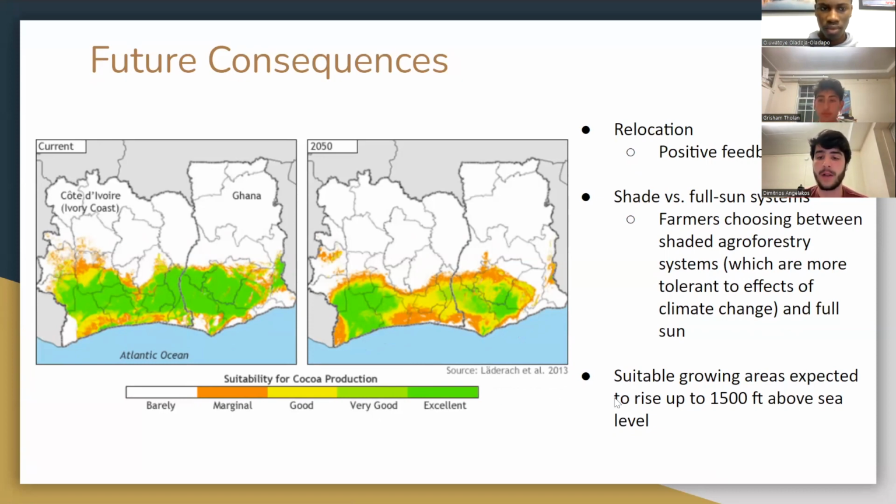However, they have a greater climate impact versus shaded systems, which have less of a climate impact. They're less productive, but they're more tolerant to the effects of climate change. So that's a choice that these farmers have to make. And the suitable growing area for cocoa production is expected to rise up to 1,500 feet above sea level.